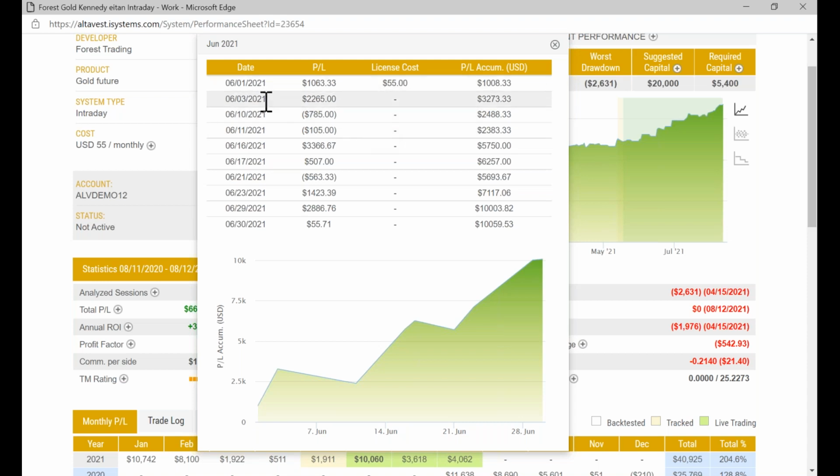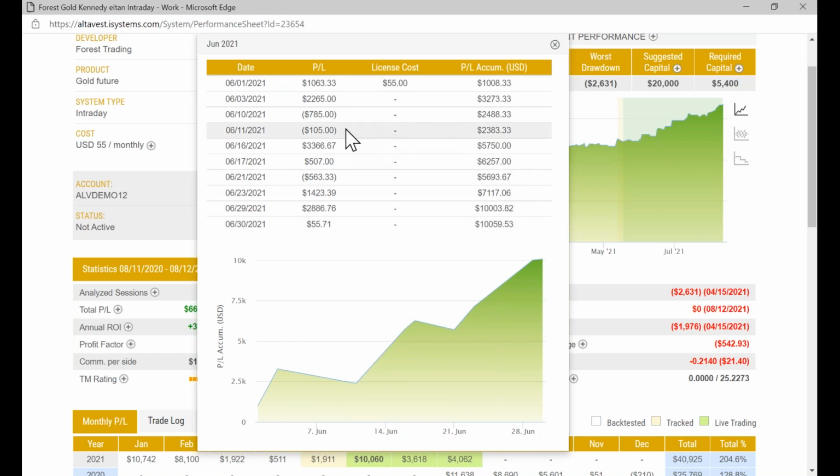Okay, so here we go. Let's take a look. You have negative P&L, you have some positive P&L, negative, positive, positive. You can see the equity curve here, and you can see the total accumulated P&L right there.